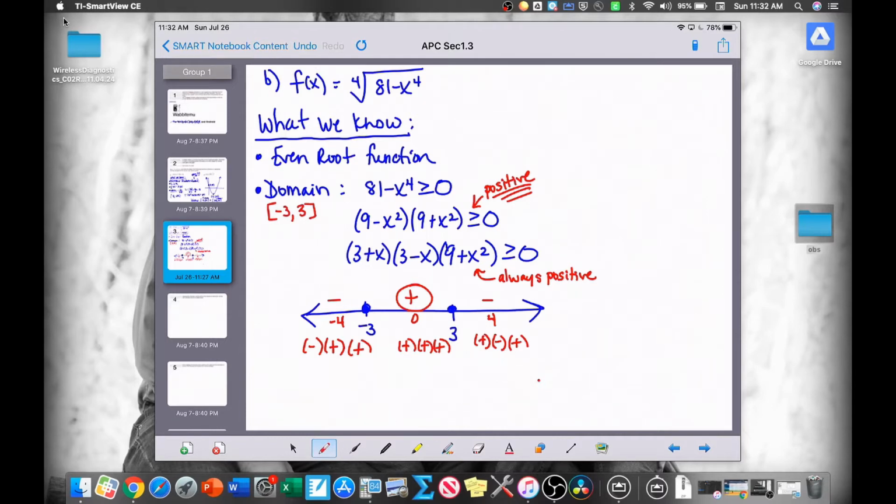All right, and then the other thing that we know based on our domain, based on our function, since we have a positive even root function, we expect the graph to live above the x-axis.